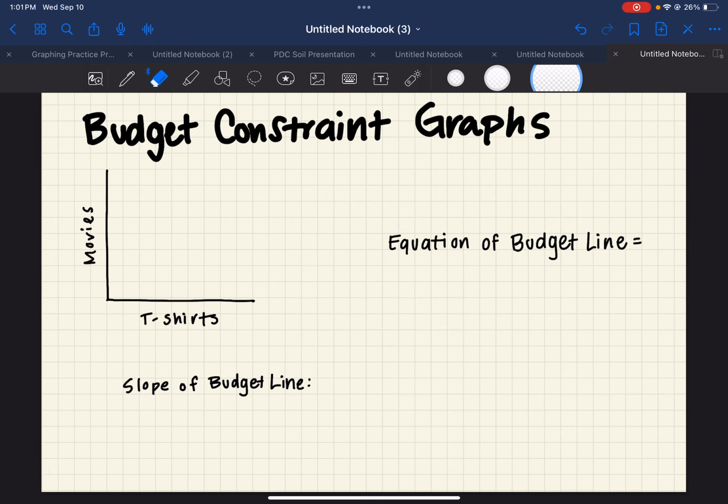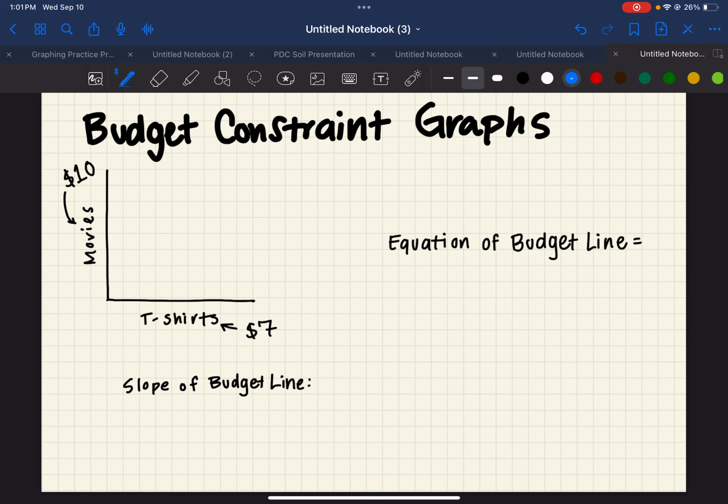So, budget constraint graphs show us what combination of two goods we can consume for the same amount of money. So, for example, let's say that t-shirts are $7 each. And movies, they cost $10 each to go to see a movie.